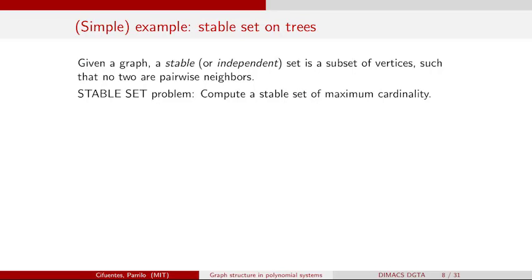The stable set problem is computing a stable set of maximum cardinality, the largest possible set of nodes that are not neighbors of each other. It's well known, all the way from Garey and Johnson, that this problem is NP-hard. We cannot solve it efficiently on arbitrary graphs.